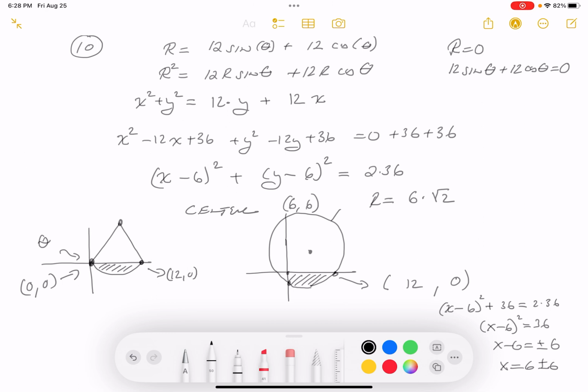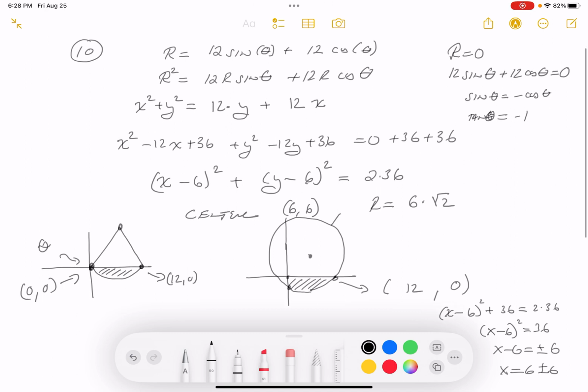I'd have to get the sine of theta to be the opposite of cosine of theta, or vice versa. So I'm going to say minus 1 tan theta. And I'm going between 0 and 2 pi. What I want to do is, when does the tangent become minus 1? And if I thought about this, it's really at minus pi over 4.